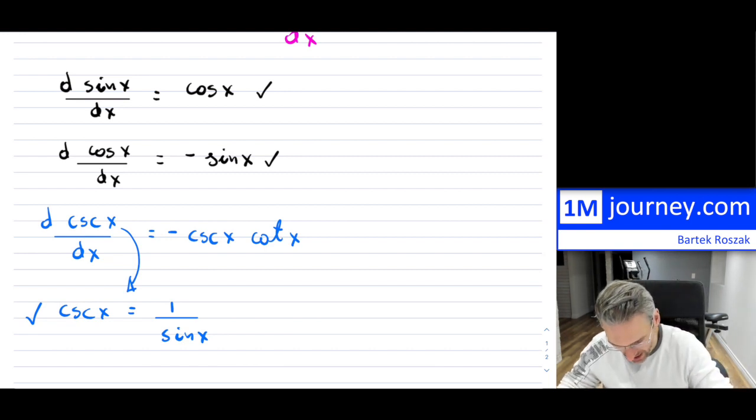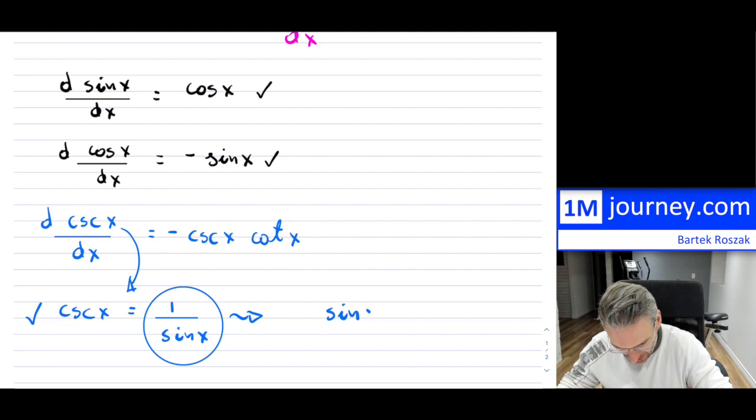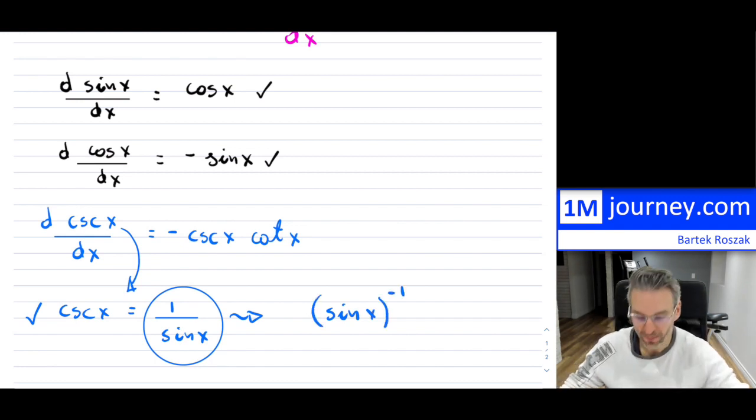Now, if that is the case, we can certainly take the derivative of this. If I take the derivative of 1 over sine x, I can think of it as sine x to the negative 1. For that, I can think of composite functions and simply apply the chain rule to find the derivative.